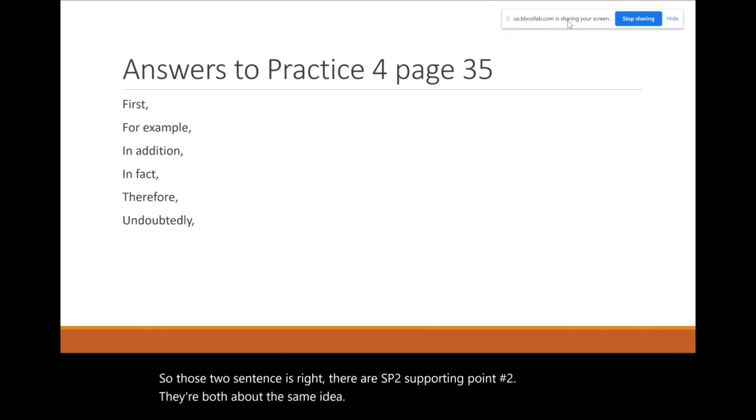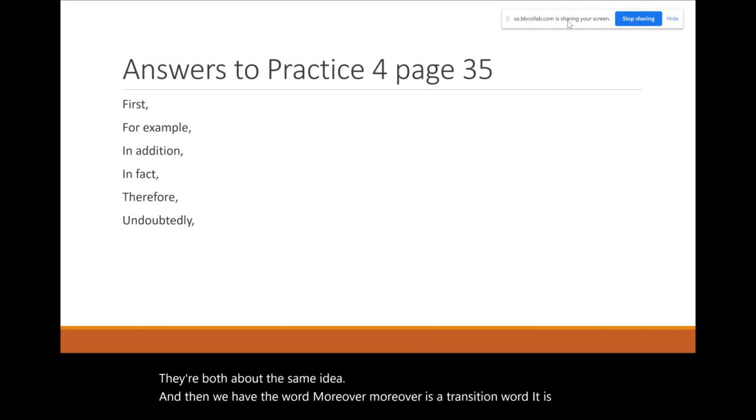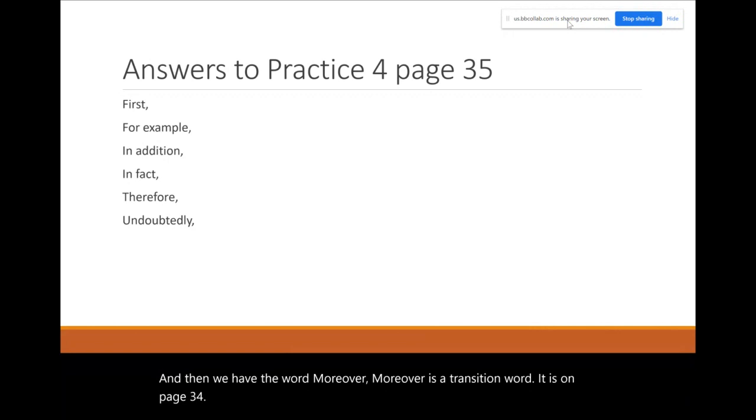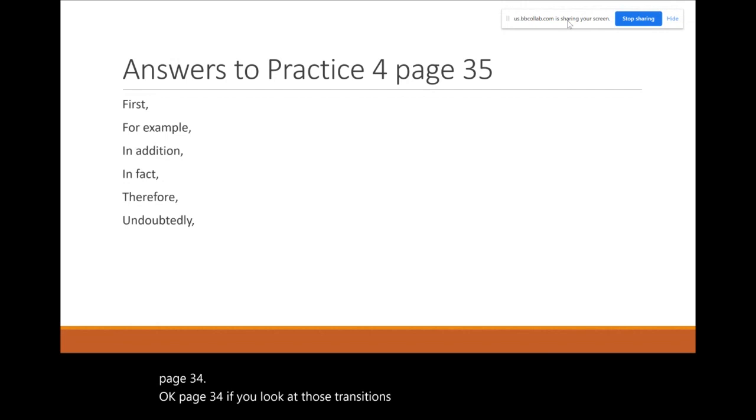And then we have the word "moreover." Moreover is a transition word. It is on page 34. If you look at those transitions, moreover means, okay guys, we're going to our next supporting point. This will be the third point. So starting with "moreover" and going all the way to the word "cost," those two sentences there are going to be SP3, supporting point 3.